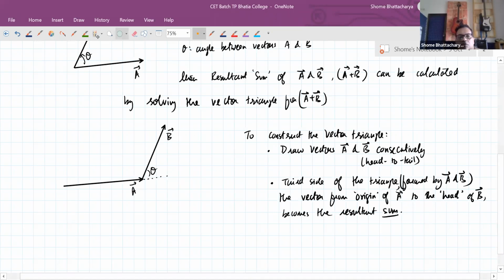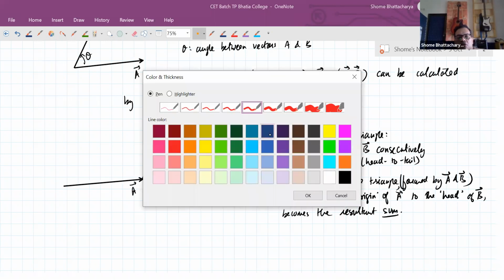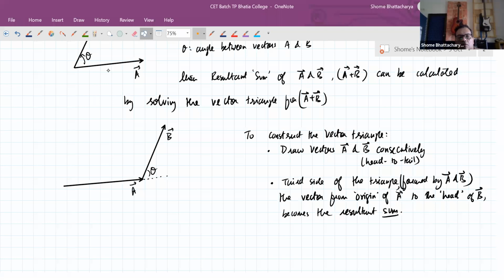So in this construction, if we draw this vector to complete the triangle from the origin of A to the head of B, then this particular third vector will become the sum of A and B.